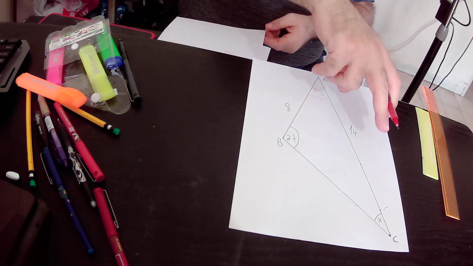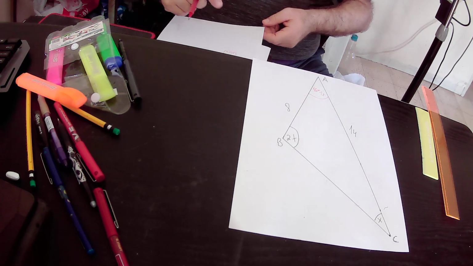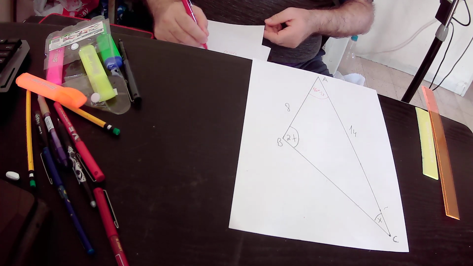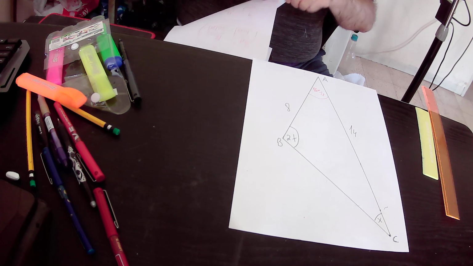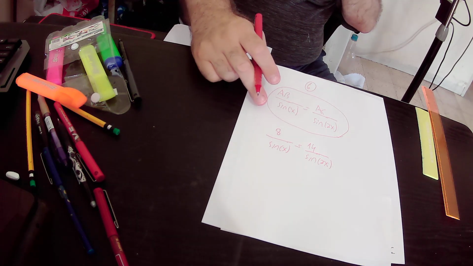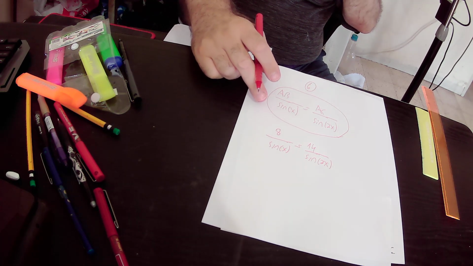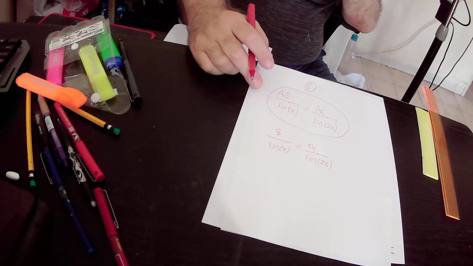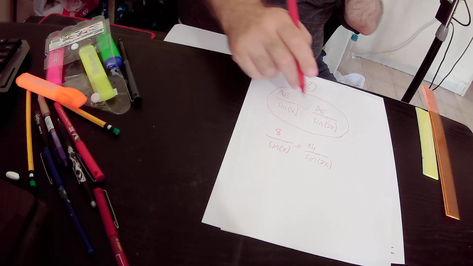What is the value of AC? AC equals 14 units according to what is given in the question. So in total we got that 8 over sine x equals 14 over sine 2x. And again we have a trigonometric identity for the value of sine 2x.